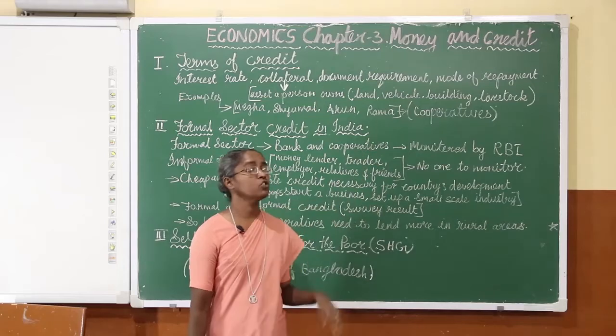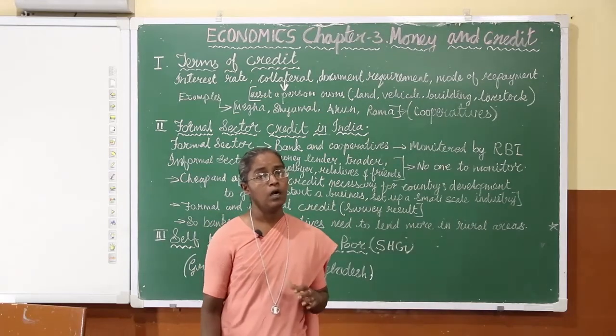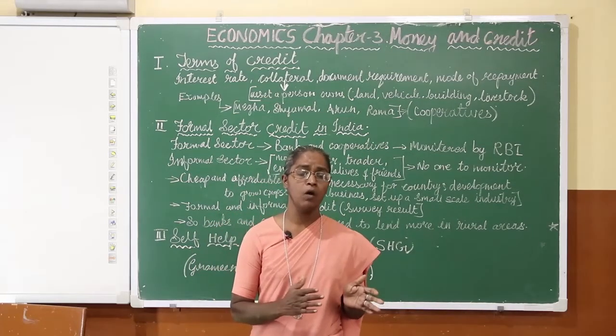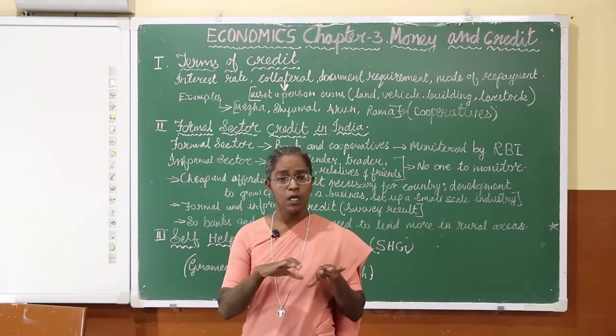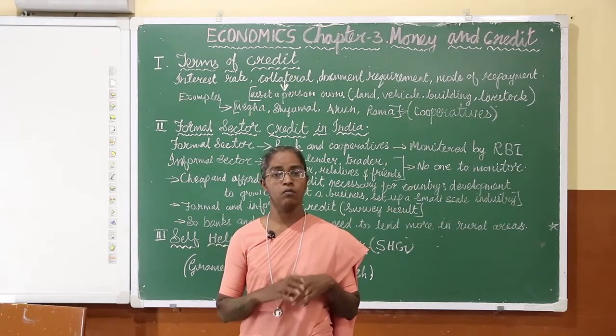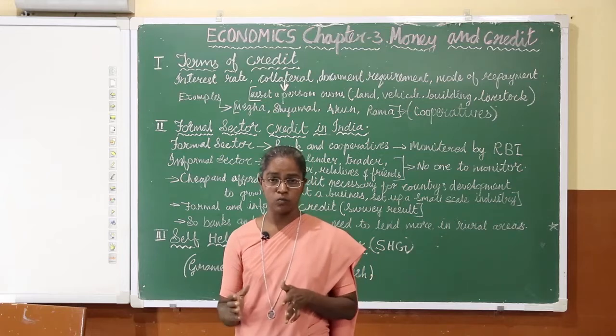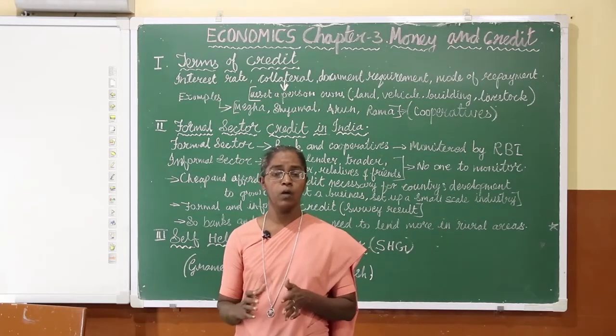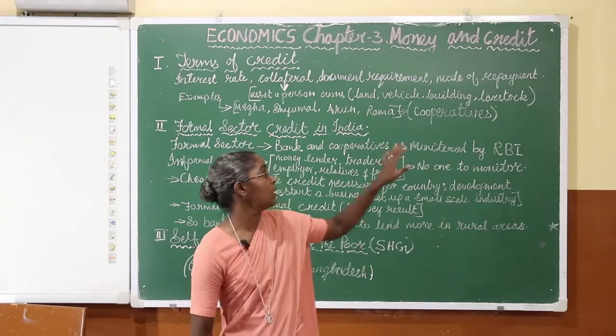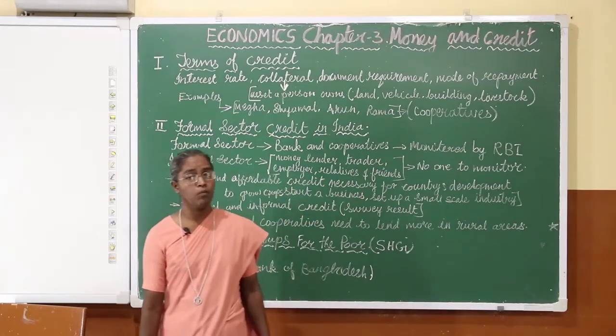And the last one is mode of repayment. If you have taken such a big amount, how will you pay it back? Then they fix a mode of repayment, whether weekly, monthly, or quarterly, and what amount you will pay back. All these come under mode of repayment.